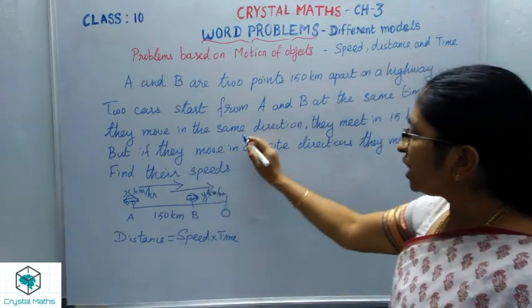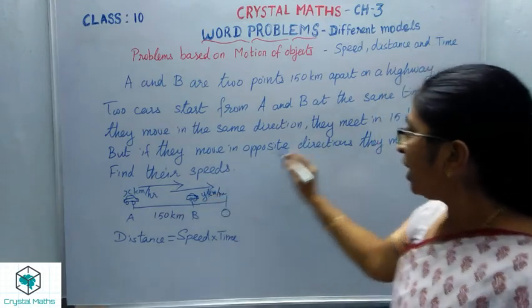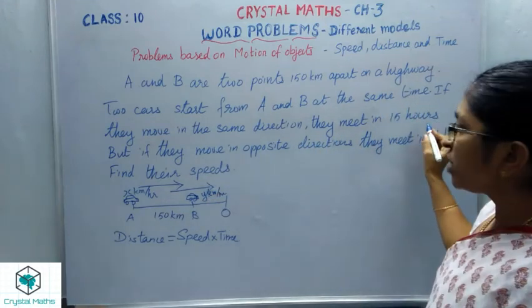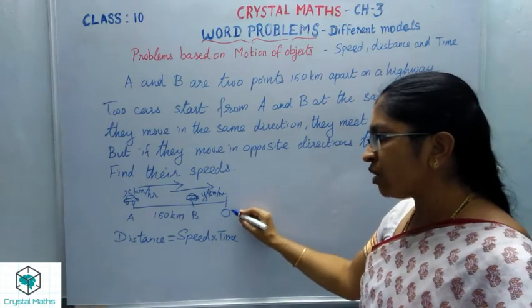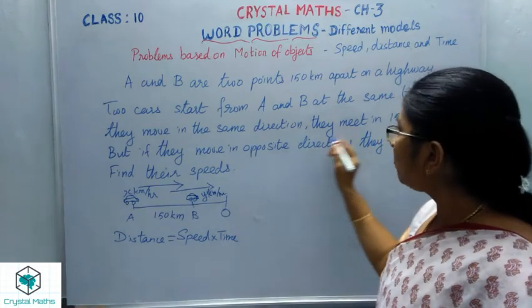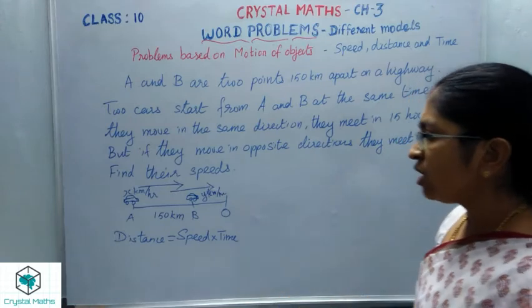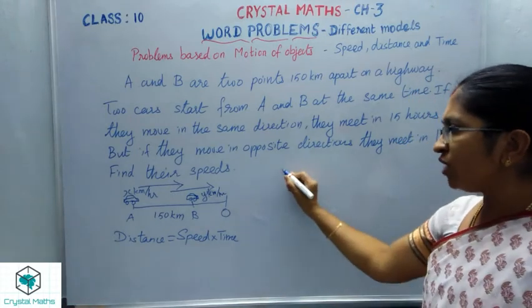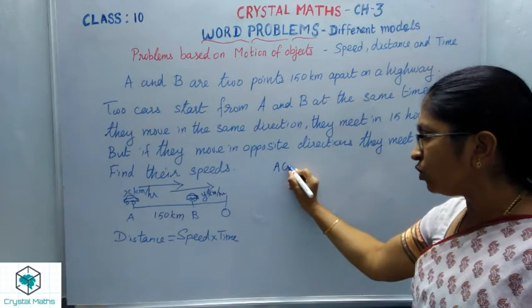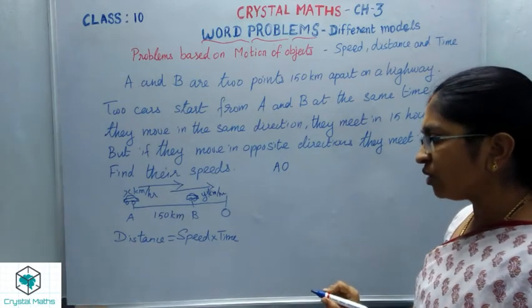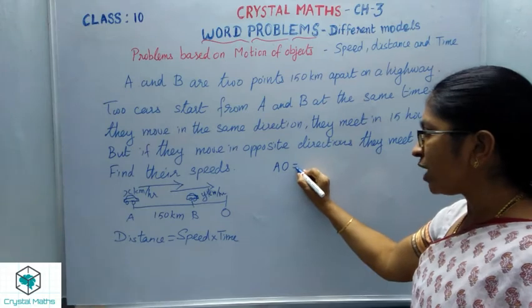Both are moving in the same direction and they meet in 15 hours. They meet at one point, called O, and the time is 15 hours. So AO is the distance of the car starting from A to O. Distance equals speed into time.